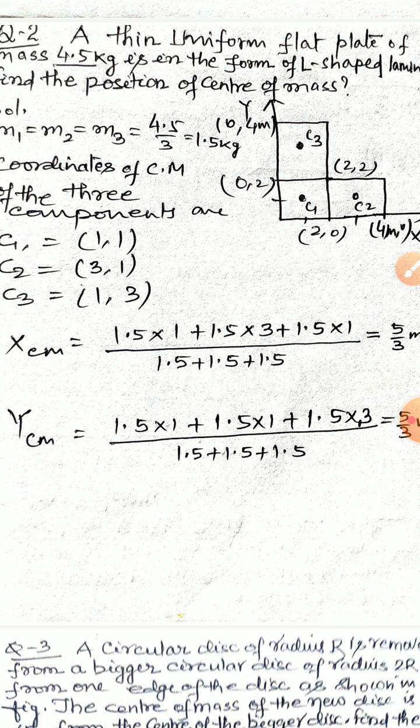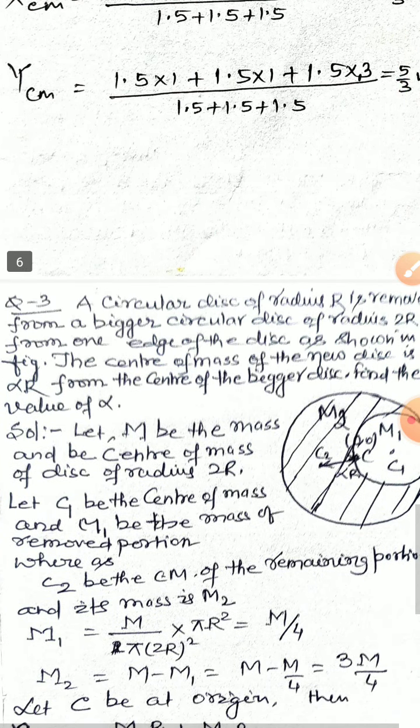Now from the figure we can write out the coordinates of C1, C2 and C3 as C1 (1,1), C2 (3,1), C3 (1,3). Substituting the values in the formula, we can find out the coordinates of the center of mass.